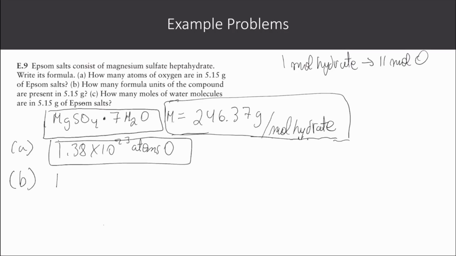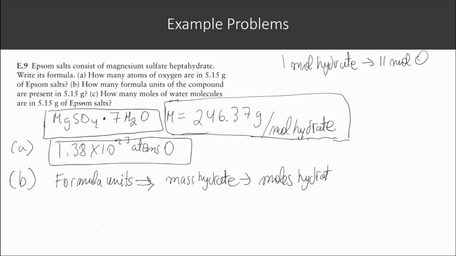So we're trying to find formula units, and to do that, we go from mass of hydrate. We need to convert these to moles of hydrate, and then we convert these to number of formula units. So let's set this up.